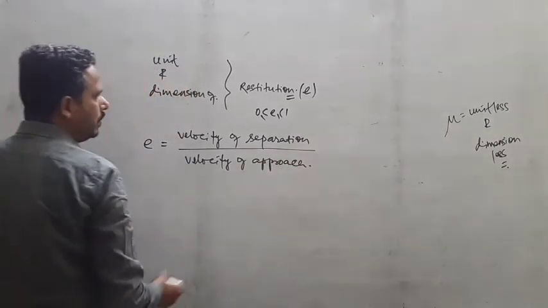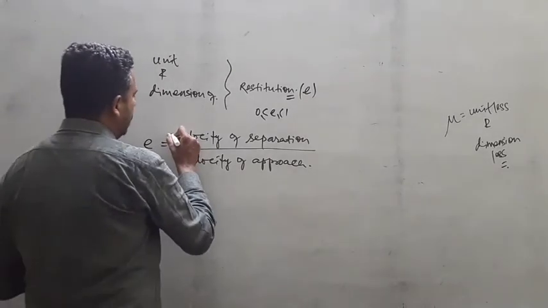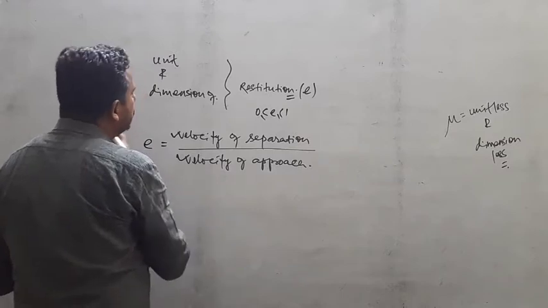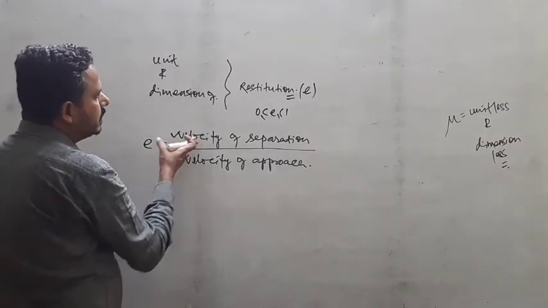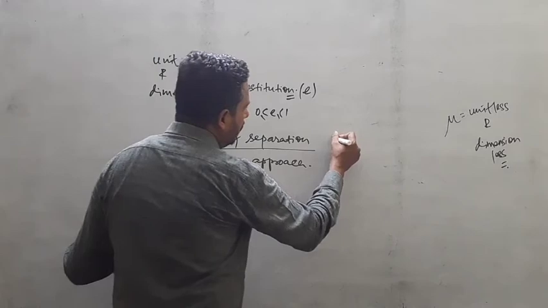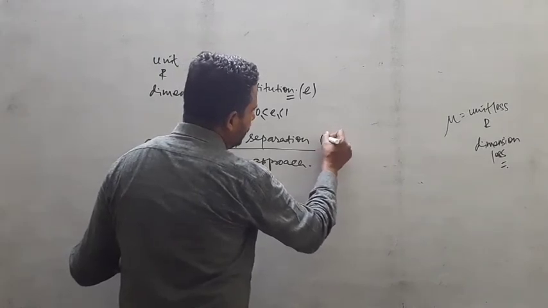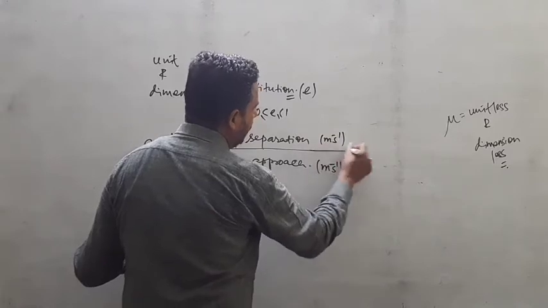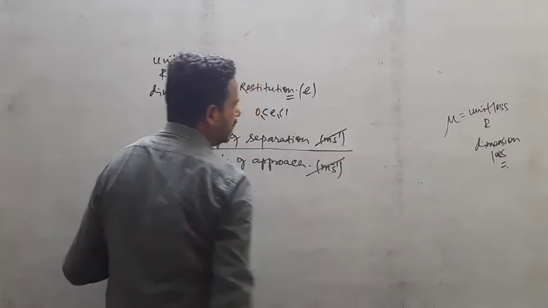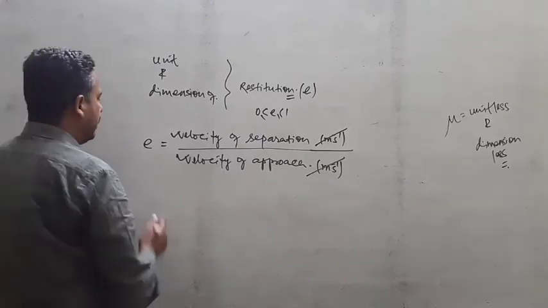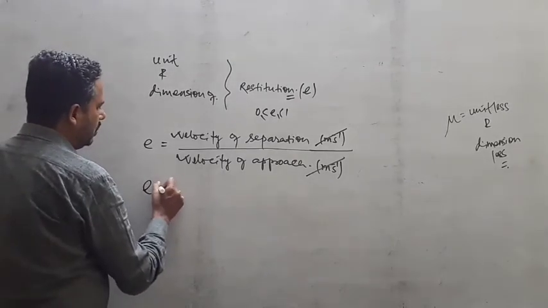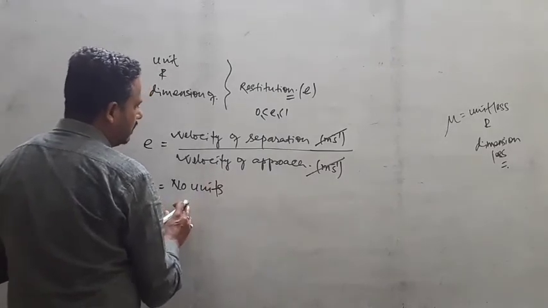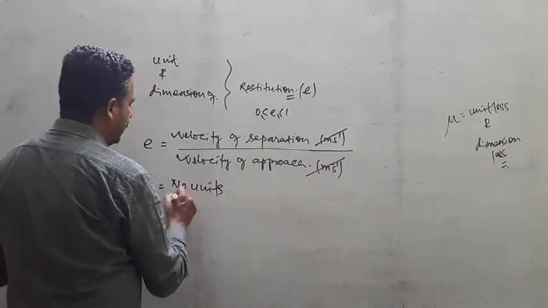So you're seeing that in the numerator and denominator both are velocity. The unit of velocity is meter per second. So up there is meter per second and there is also meter per second. So what happens from there? That meter per second and meter per second will be cancelled. That means it has no units, and if it has no units, there are no dimensions.